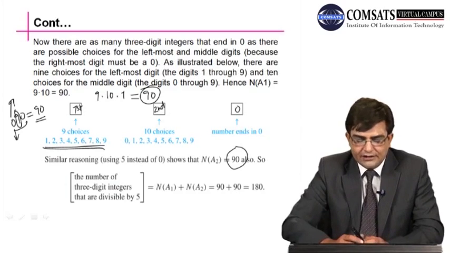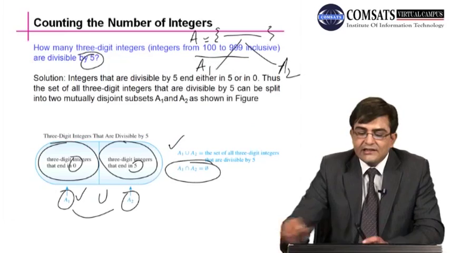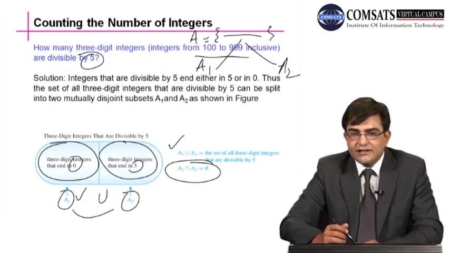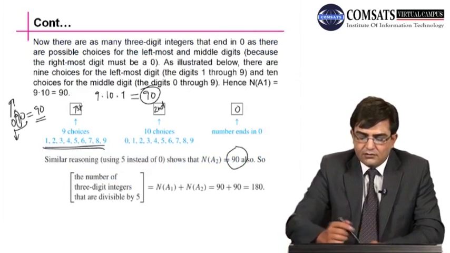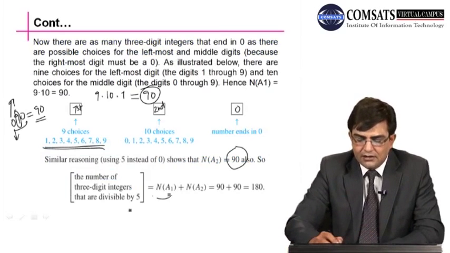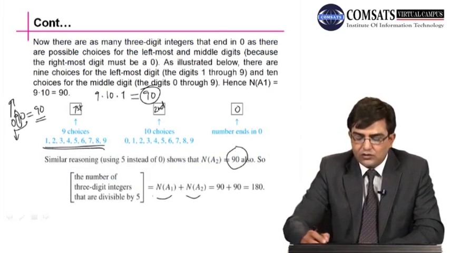So the total number of integers which are divisible by 5 among the 3-digit integers from 100 to 999 is the number of integers in A1 plus the number in A2, which is 90 plus 90, 180.